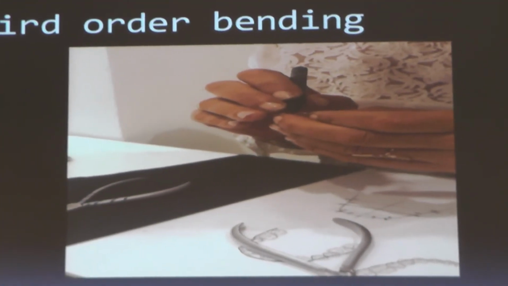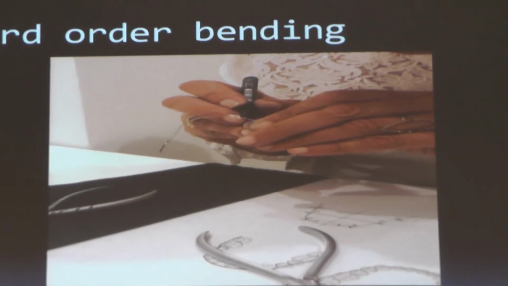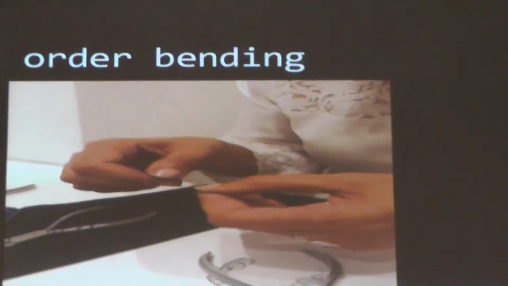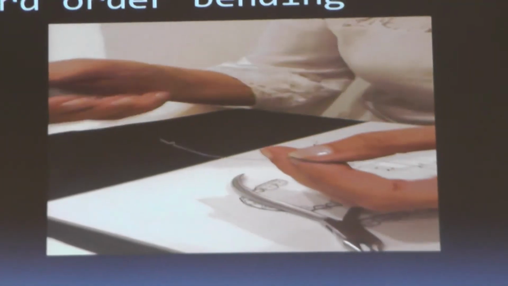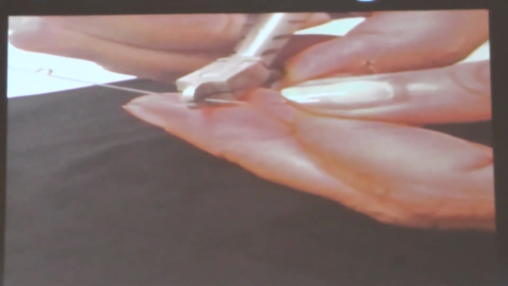Now we go to canine torque. I erase the mark. With twisting plier, I'm going distal of the mark, in my right hand from lingually.